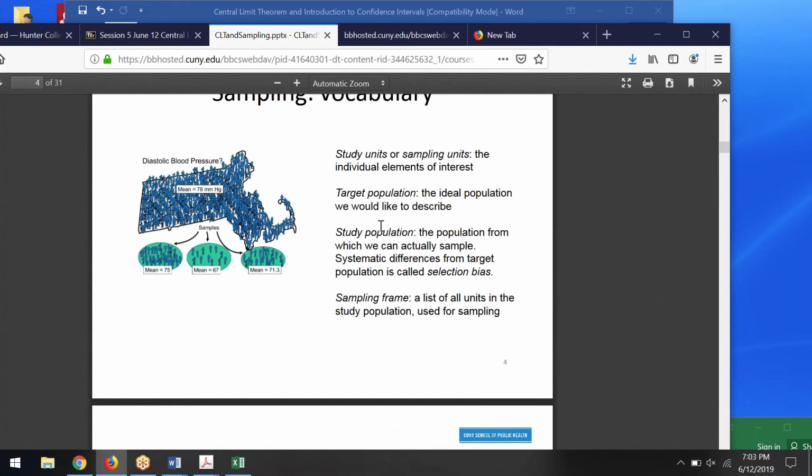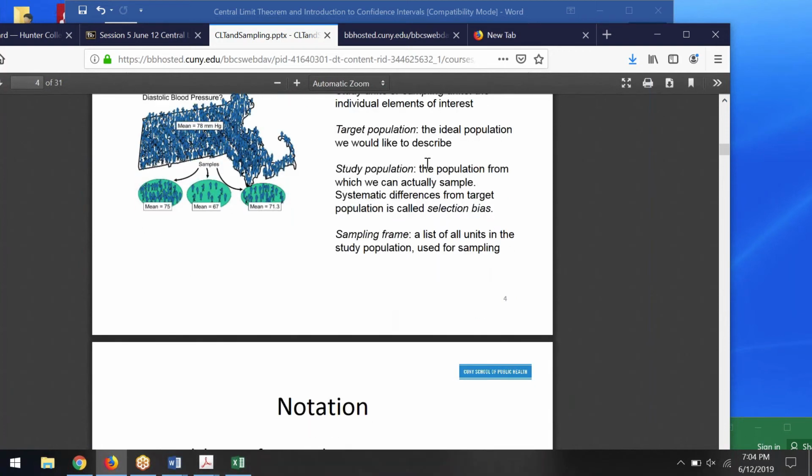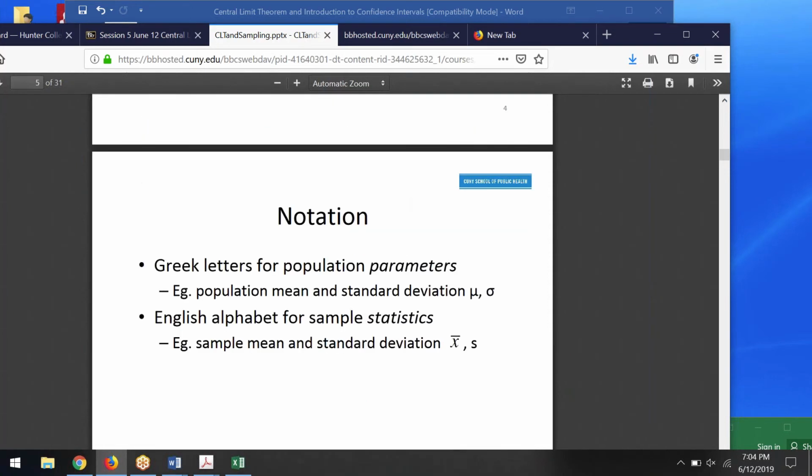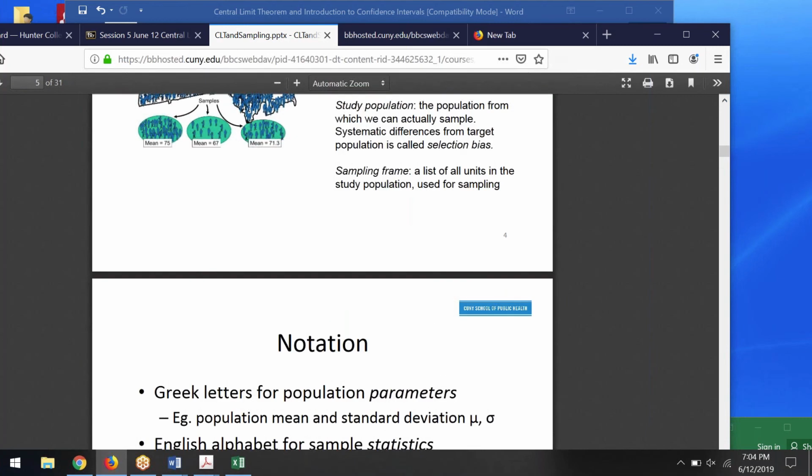For instance, if we're interested in males from 20 to 40 years old in Massachusetts, that would be our target population. The study population is the actual sample of people, the population that we actually sampled in order to make our inferences. And the sampling frame is a list of all of the results in that study population, in other words, all of the individual results.